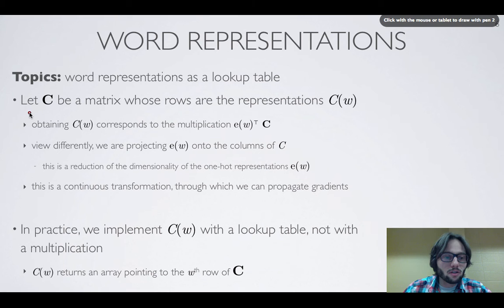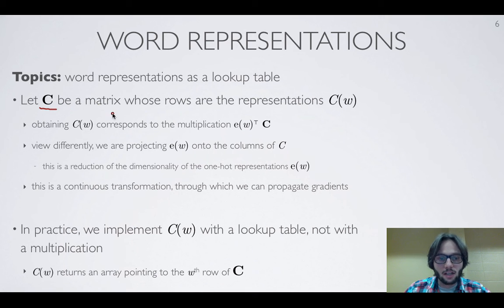So we'll often represent all of these word representations and store them into a matrix, which I'm calling C here in bold. And essentially, the rows of that matrix will correspond to the word representation C_w.